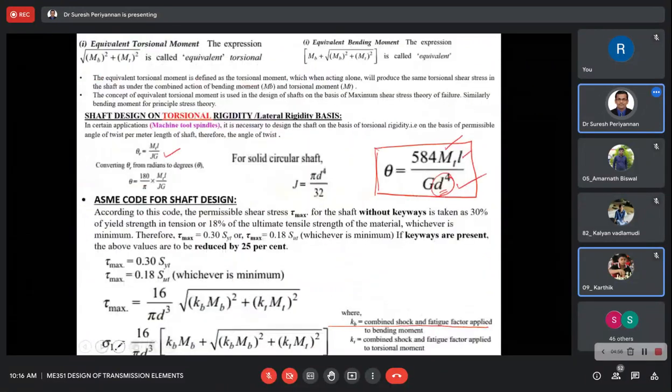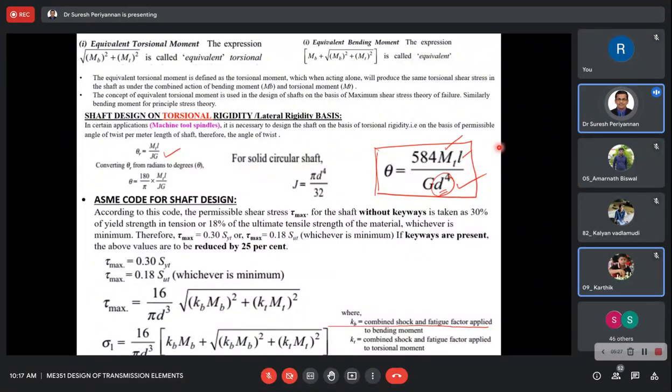Later, the torsional rigidity comes from the governing equation T by J is equal to G theta by L. Instead of T, I am considering Mt. From these relations, theta in degrees, converting from radians to degrees, is 180 divided by pi into Mt L divided by GJ, where J is the polar moment of inertia, pi d power 4 divided by 32.